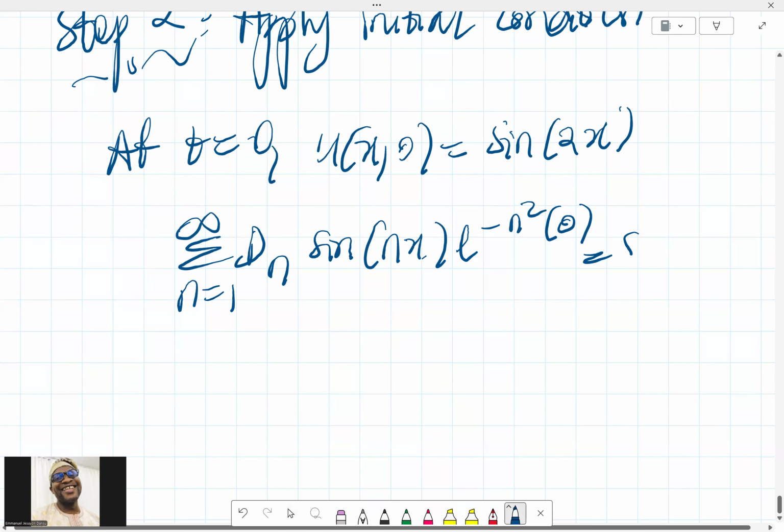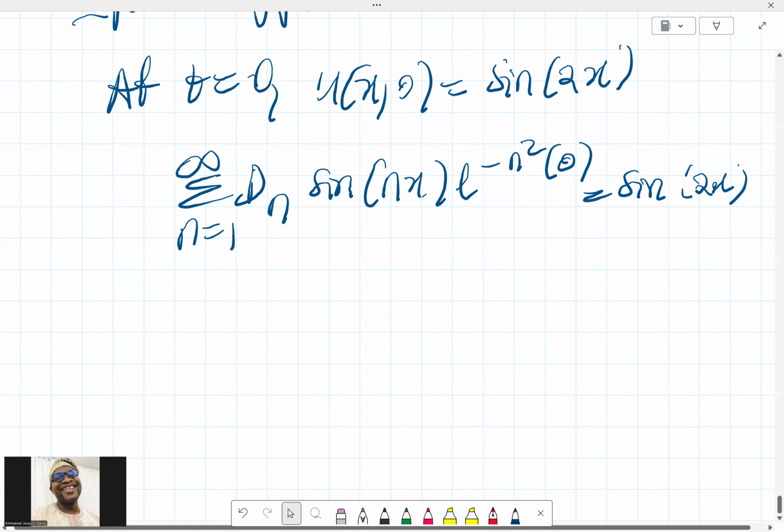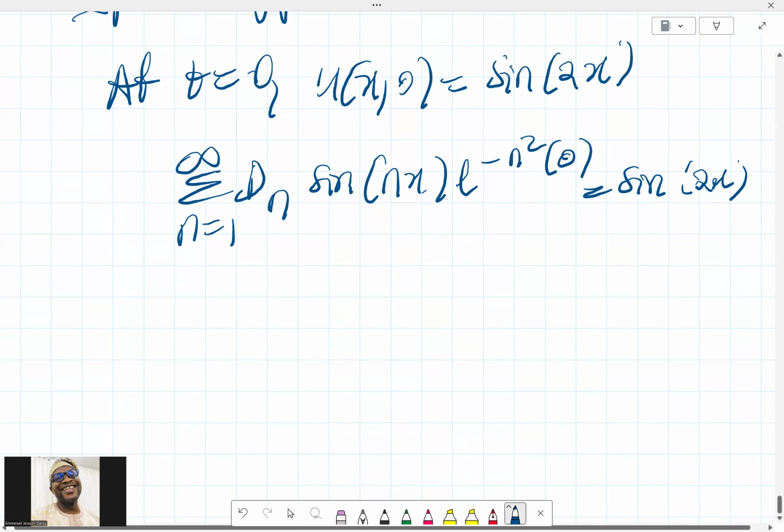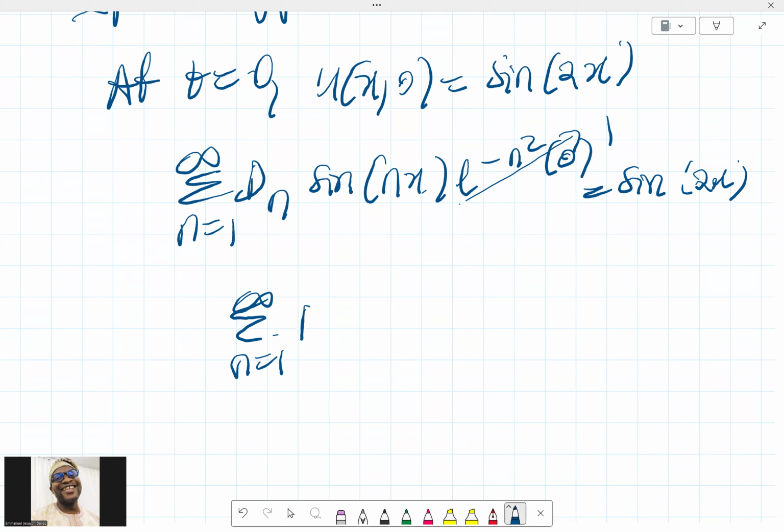And all of this is equal to sine 2x. Now e raised to the power 0 will just be 1, so all of that is going to be 1. So we have the summation from n equals 1 to infinity of dn sine nx equals sine 2x.